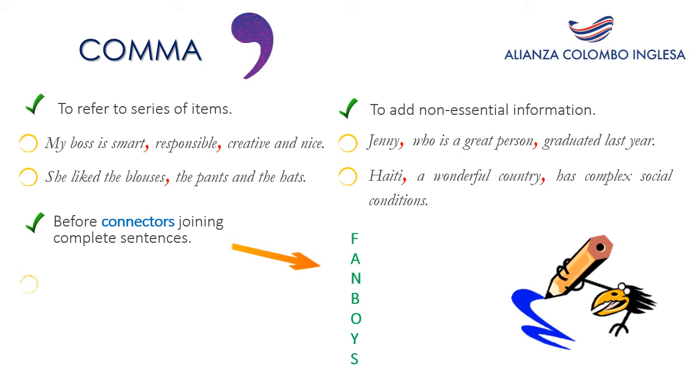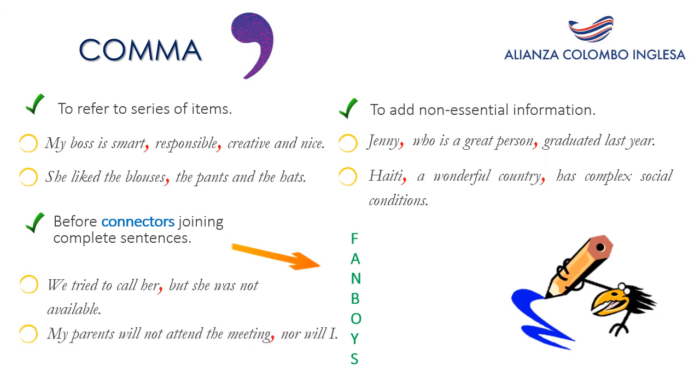Let's see the examples first. We tried to call her, but she was not available. My parents will not attend the meeting, nor will I. So here we have, these are the seven connectors or coordinating conjunctions, as you can find them, that will work with the commas: for, and, nor, but, or, yet, and so.